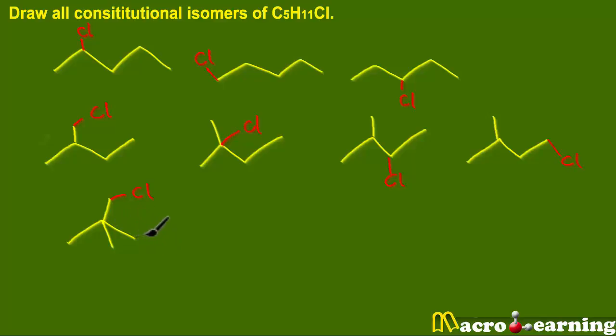And are there any other possibilities? I'm sorry. Can we take off one more carbon from there and make it a 2 carbon main chain like that? It's not going to give us anything.